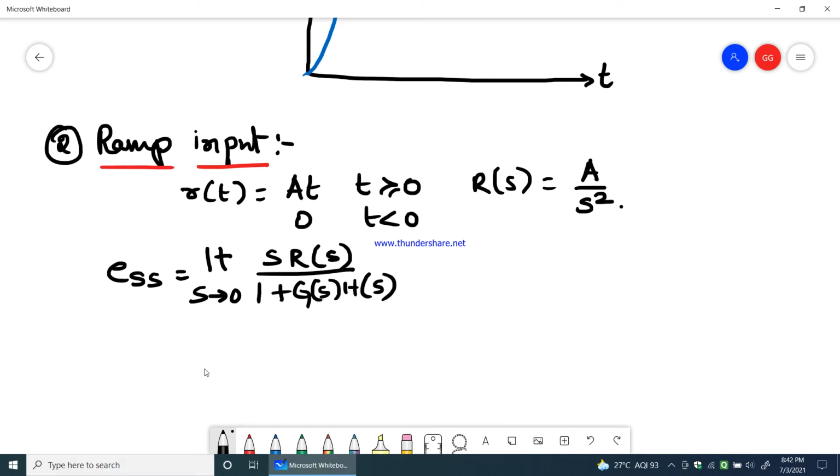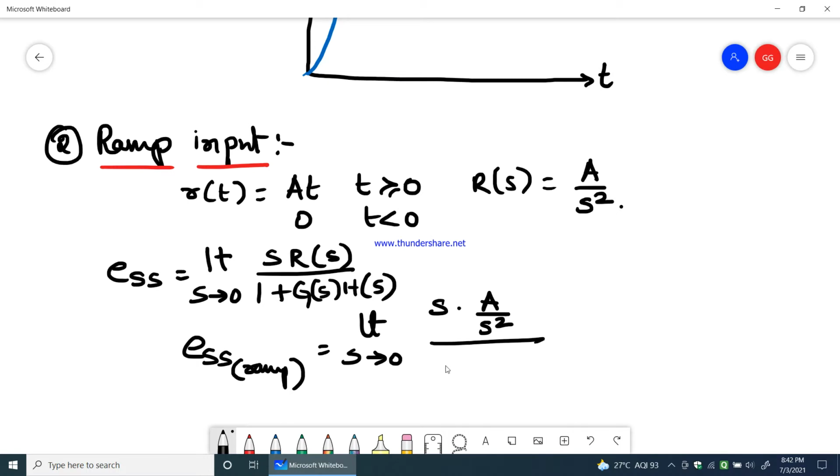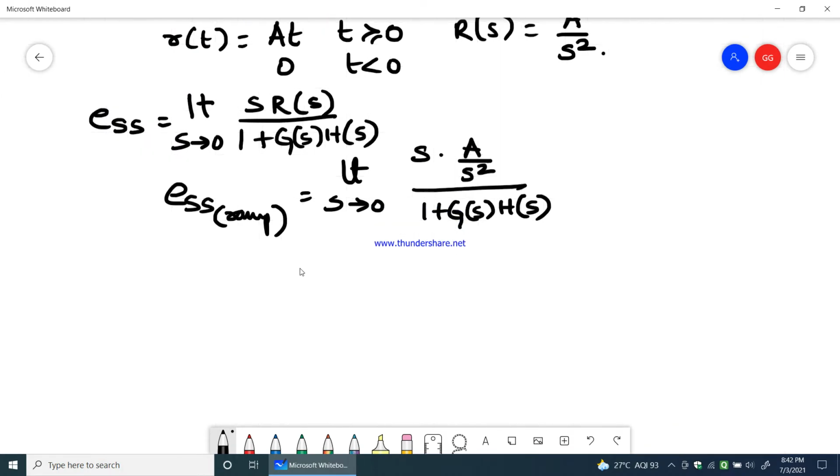Therefore, the steady state error for the ramp input equals limit s tends to 0, s into A divided by s square, divided by 1 plus G of s into H of s. Therefore, this is equal to limit s tends to 0, and s and s will cancel with one single s here.